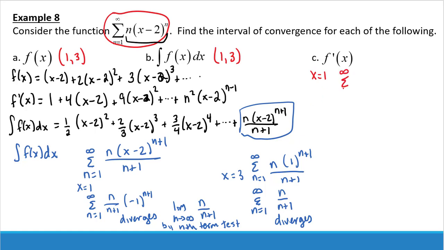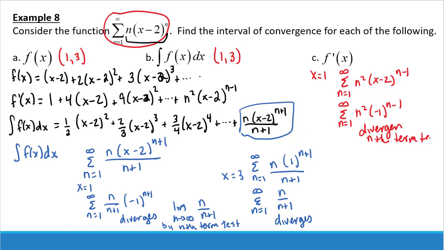If I plug in 1, this diverges again by the nth term test, because the limit as n goes to infinity of n squared is equal to infinity.